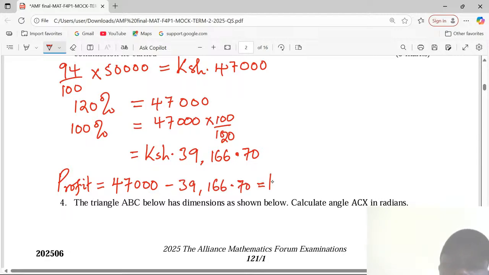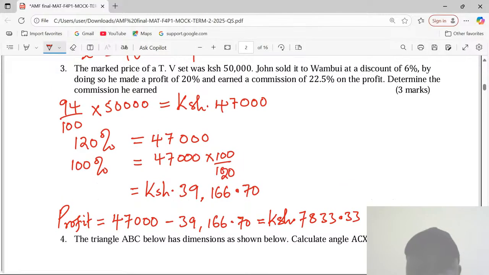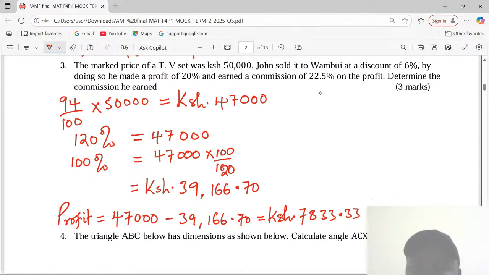So this is going to be Kenya shillings 7833.33. This is the amount in Kenya shillings that John received as the profit.